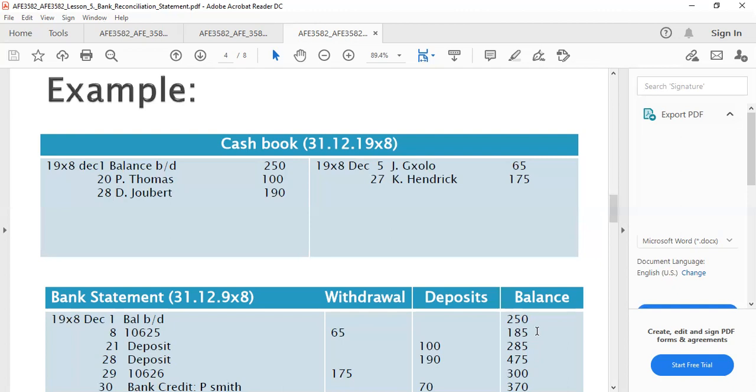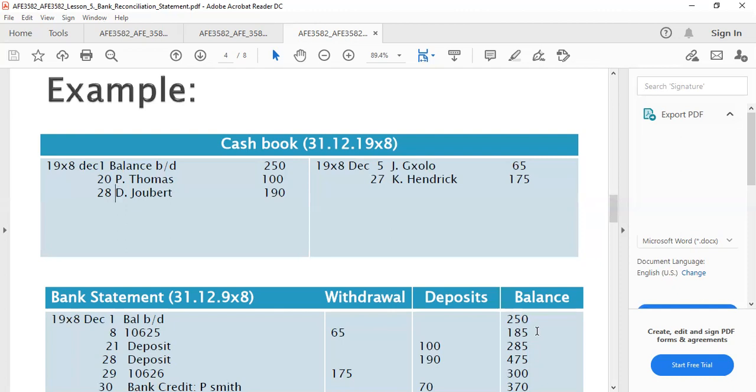The amounts appearing on the credit side of your cash book but not appearing on the debit side of your bank statement are known as unpresented checks. Understand?